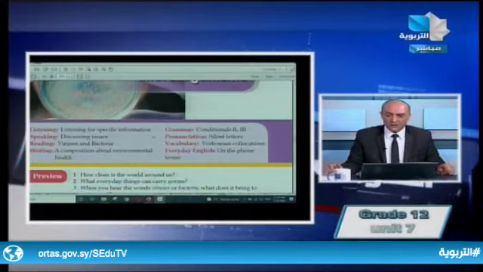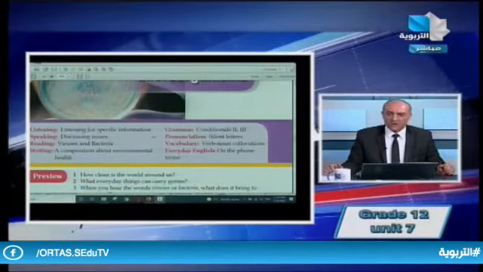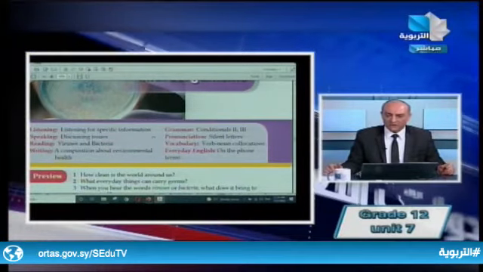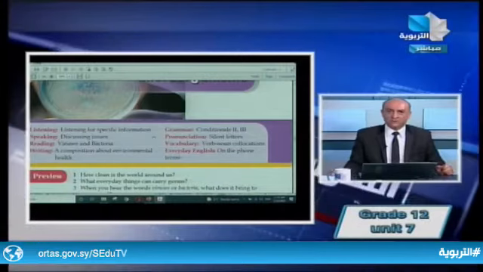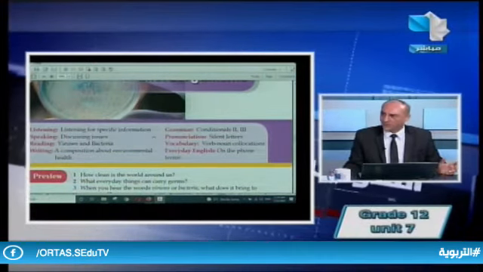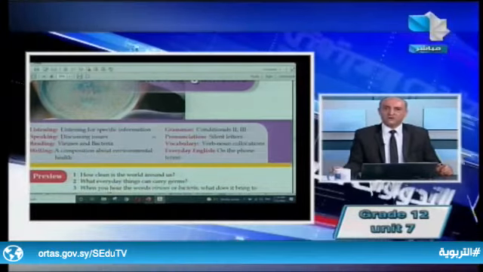In vocabulary, we have some verb-noun collocations. In everyday English, we have a sample on phone terms: what expressions can we use when we talk on the phone? So that's everything about the skills in this unit.